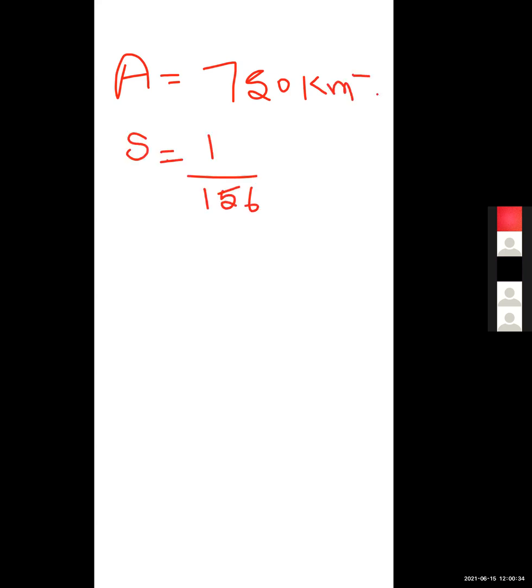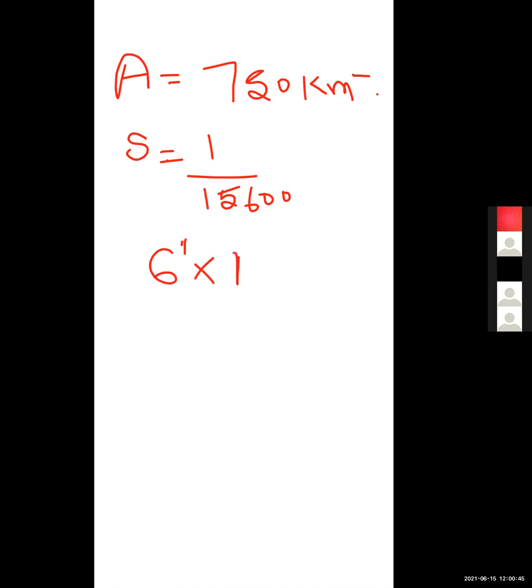Okay, so I repeat the question again. Find the number of photographs required to cover an area of 750 kilometers square. The scale of the photograph is 1:15600, and the size of one photograph is 6 inch into 5 inch.